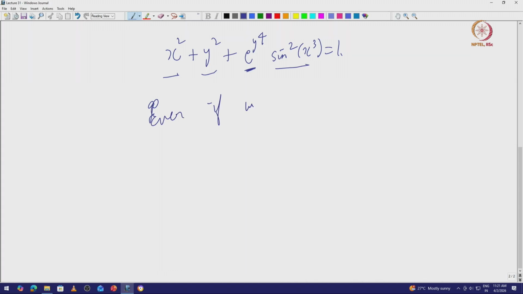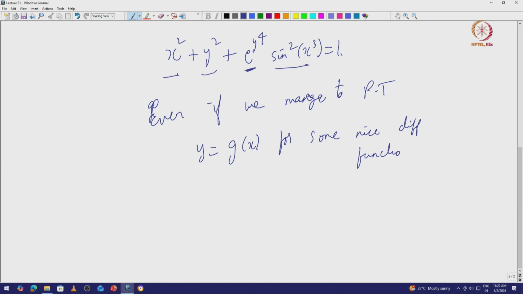Even if we manage to prove that y is some nice, let's say differentiable, function g of x, g of x need not have a nice formula.